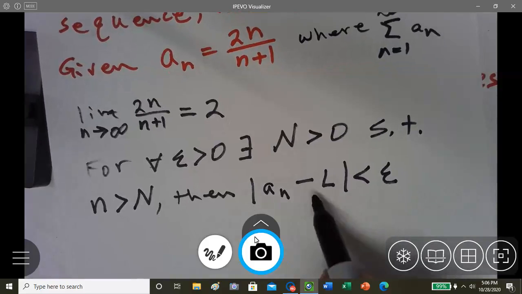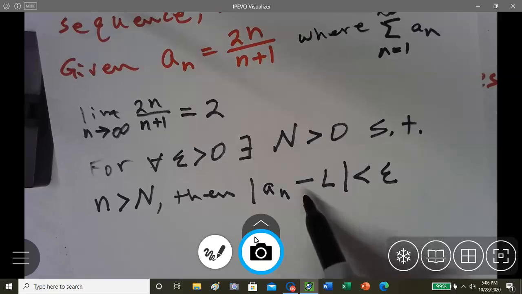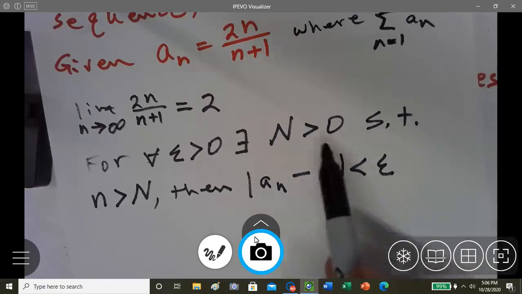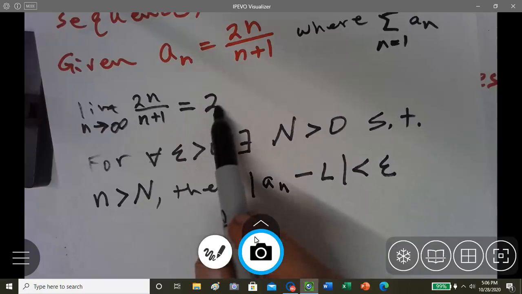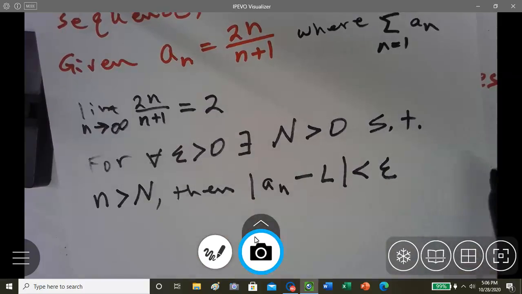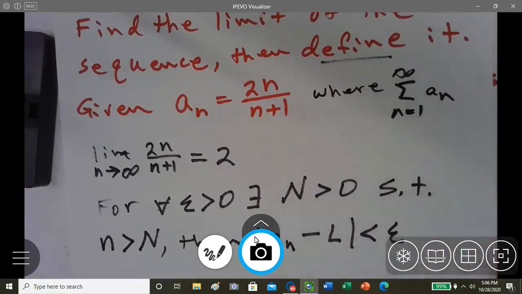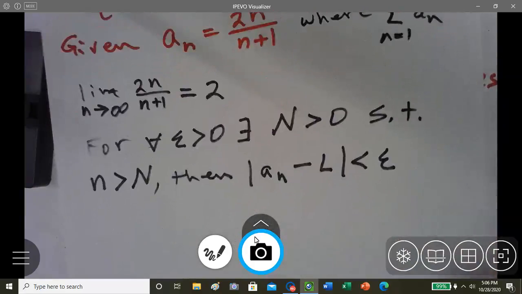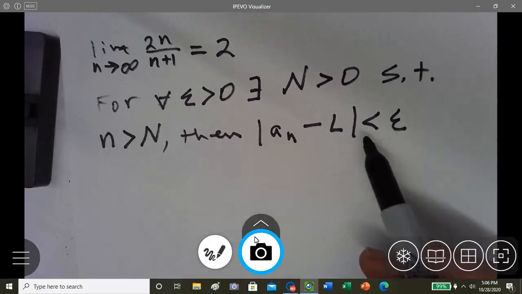So once we prove that, then we can say that the limit of 2n over n plus 1 equals 2 exists. So when we talk about defining it, we're talking about proving it. So we're going through the proof here.